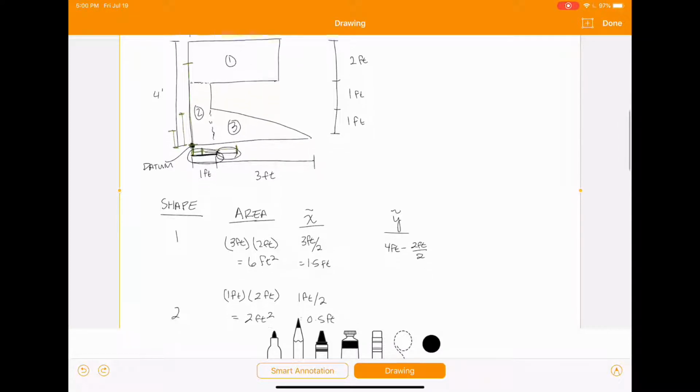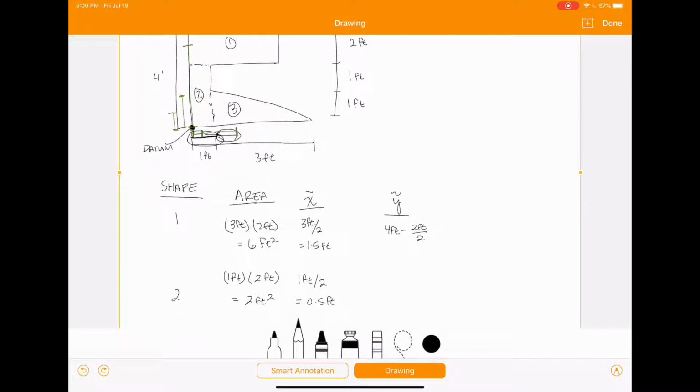And then for shape 2, we're just going to have half of its height. So that's going to be 2 feet divided by 2 is going to equal 1 foot.